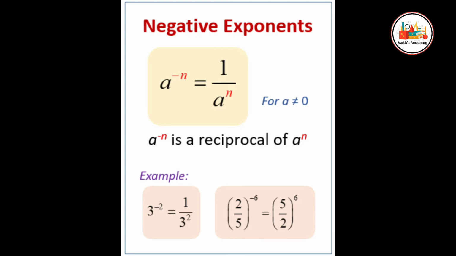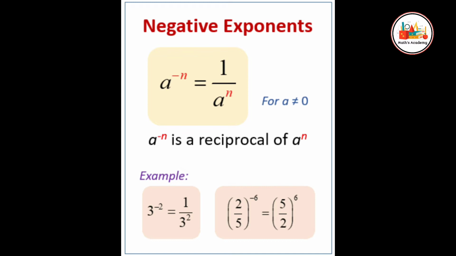Our next concept is negative exponent. Whenever we see that our term has a negative exponent, simply we will write the given number or given variable in reciprocal. Like you can see in front of you there is a raised to power minus n. Whenever we write its reciprocal, we will write it like this: 1 over a raised to power n.